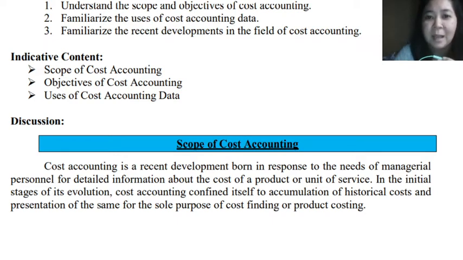That is how important cost accounting is for the management.